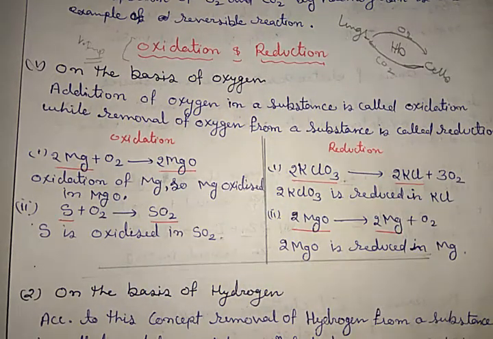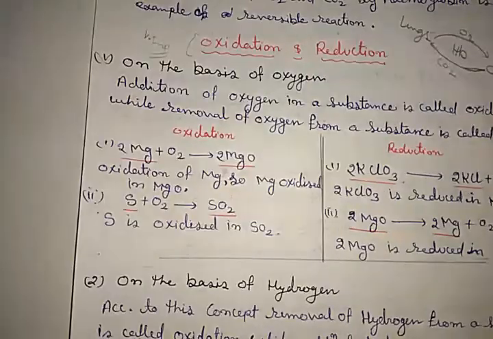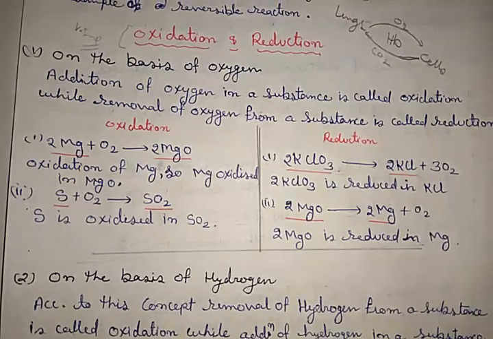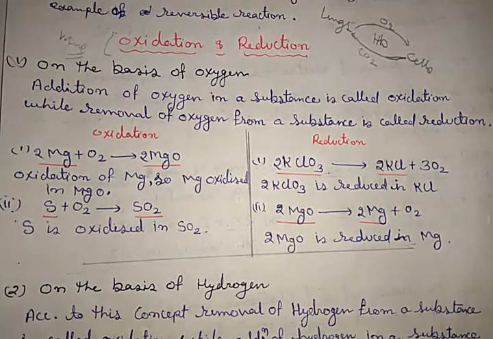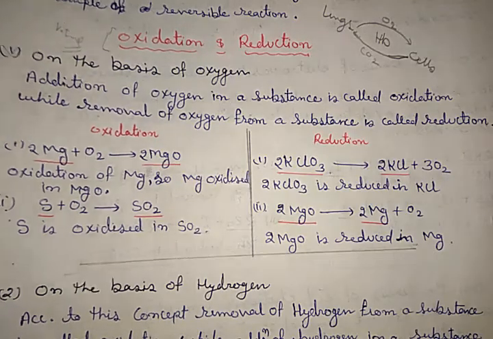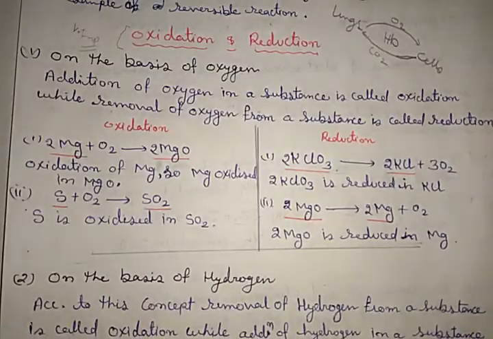There are various bases to explain chemical oxidation and reduction. First is on the basis of oxygen. Second is on the basis of hydrogen. Third is on the basis of electronegative species. Fourth is on the basis of electropositive species. Fifth is on the basis of electrons, and sixth is on the basis of oxidation number. But oxidation number is not in our syllabus, though we will discuss it a little bit.